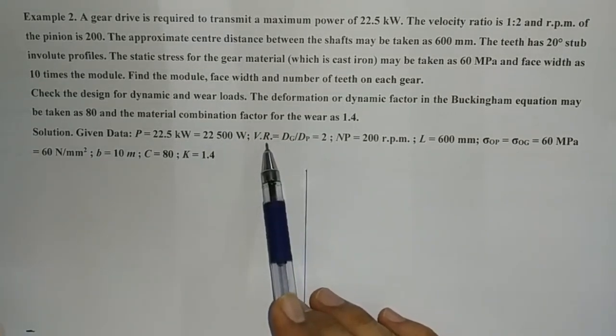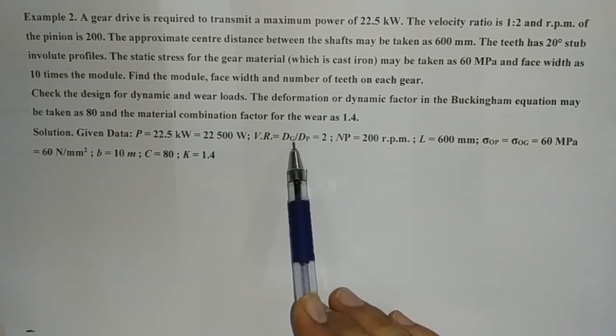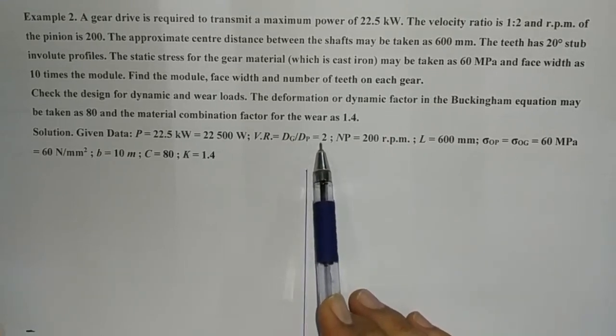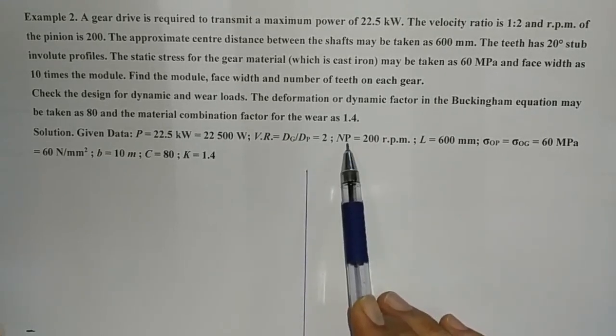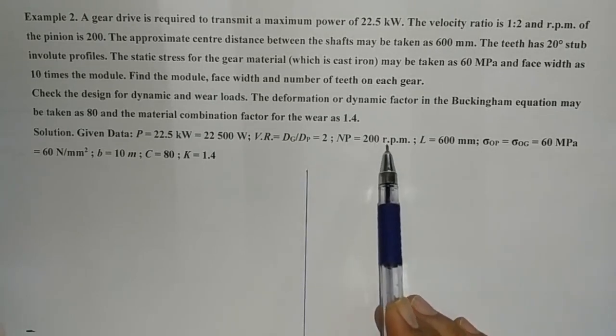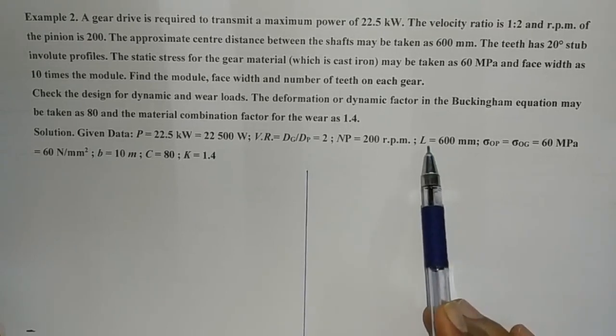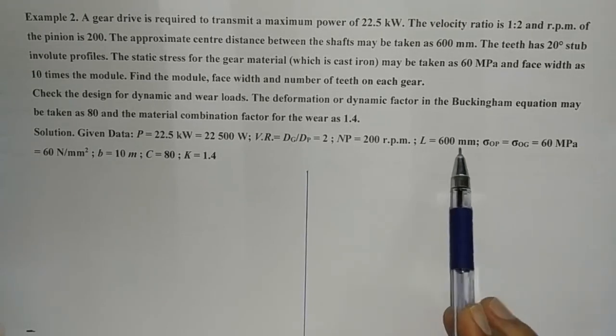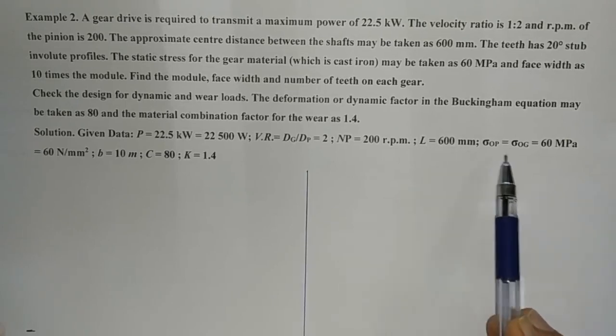Velocity ratio VR is equal to dg by dp and is equal to 2. Speed of pinion NP is equal to 200 RPM. L is the center distance and is equal to 600 millimeter.